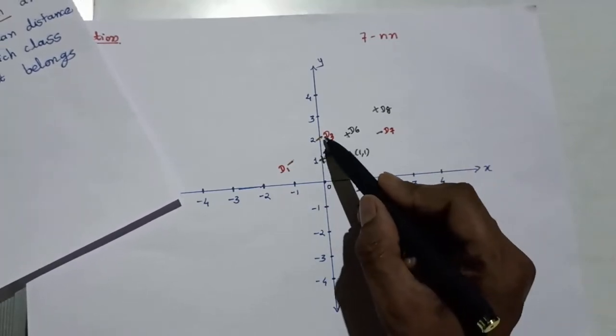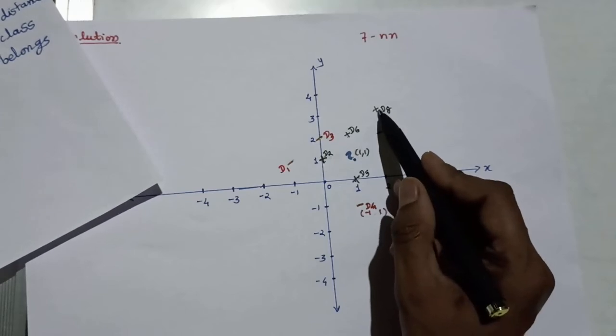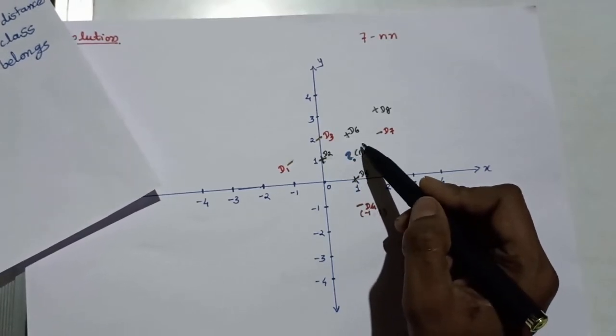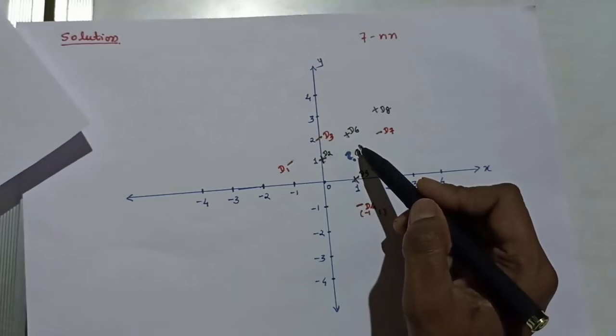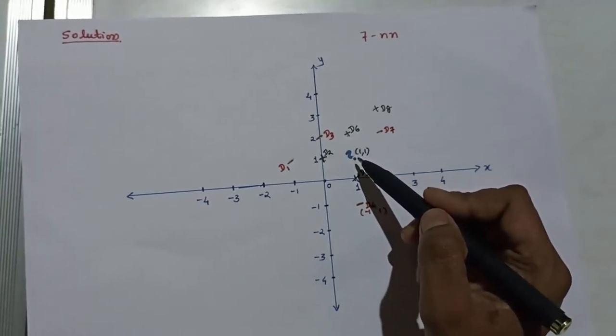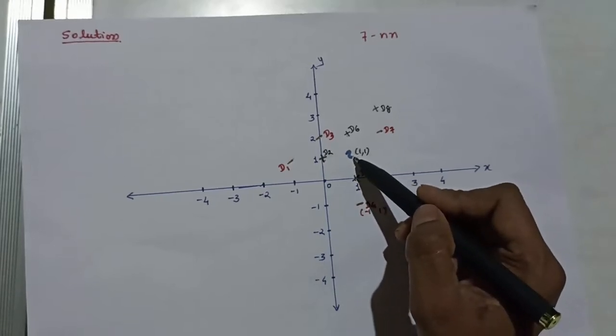For all other data points, we know the output class, we know the label, either positive or negative, but we don't know the class label of this data point. So we have to predict it. That's why we can say that KNN is used for prediction purposes. So we can predict the class of this unknown test data point.